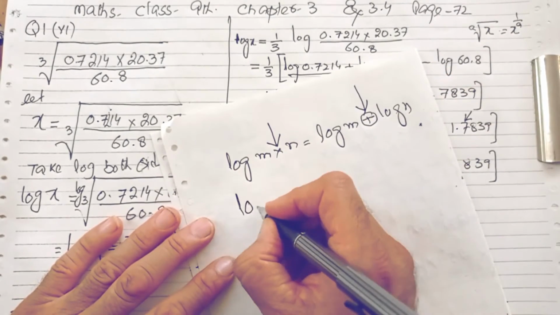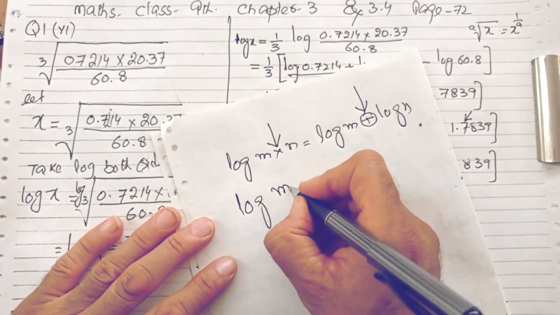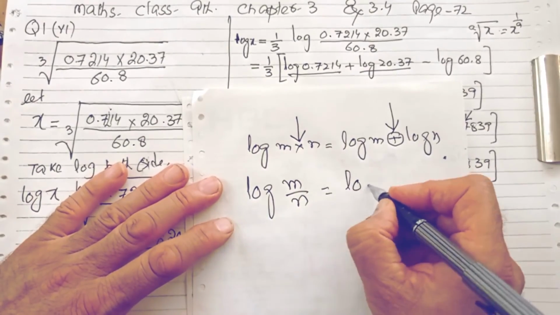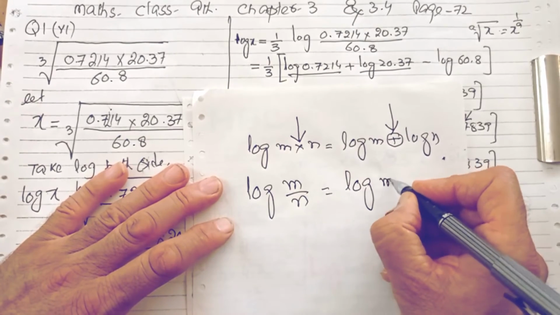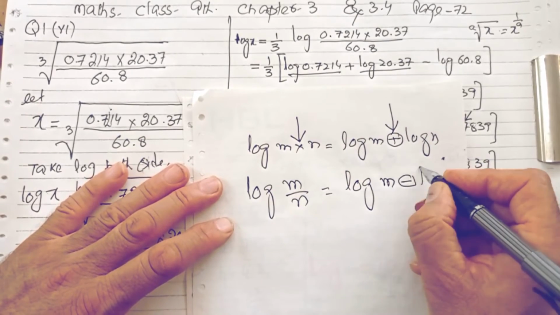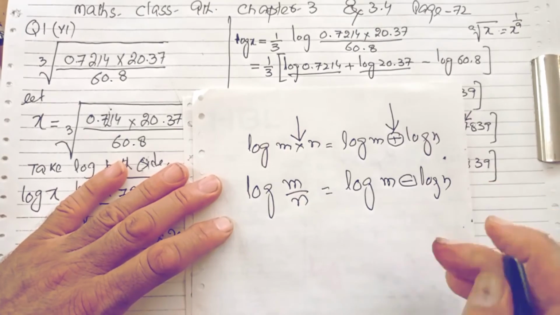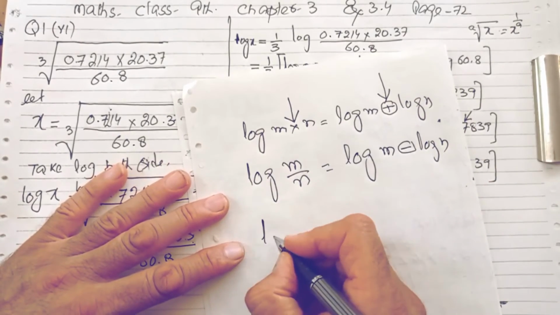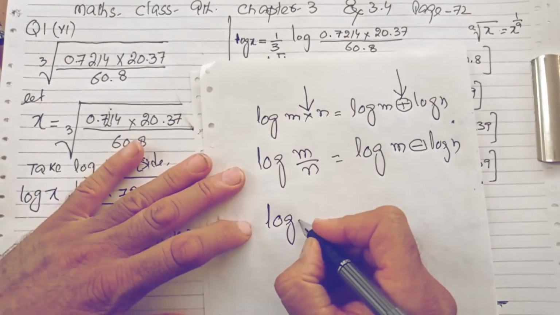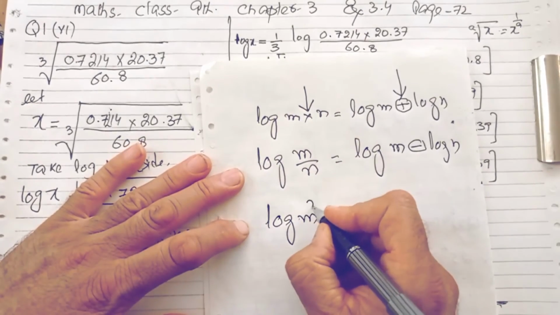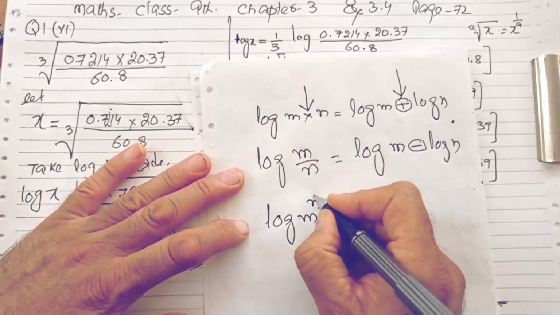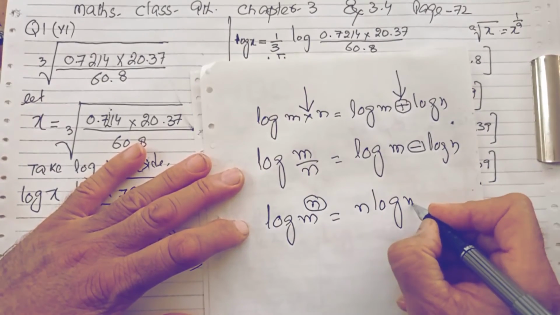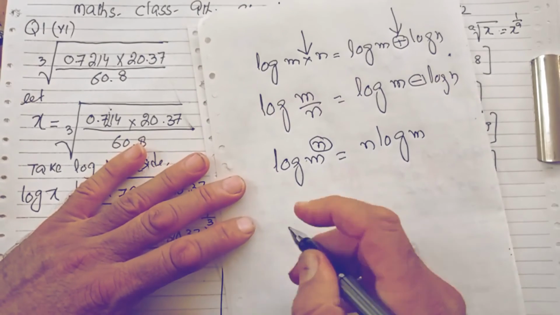Similarly, log m divided by n will be equal to log m minus log n. And once there is log m raised to the power n, this n comes first, and log m.